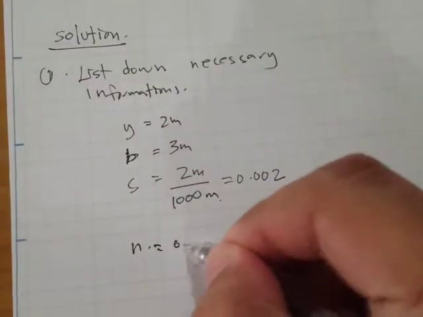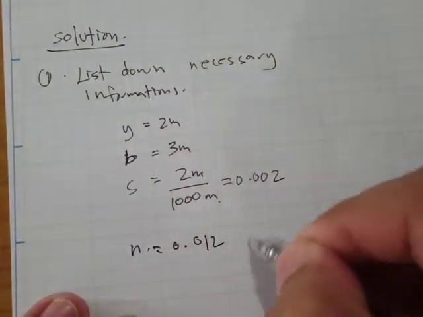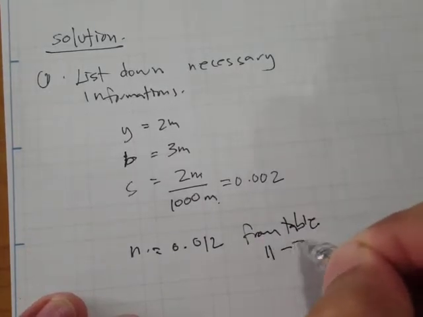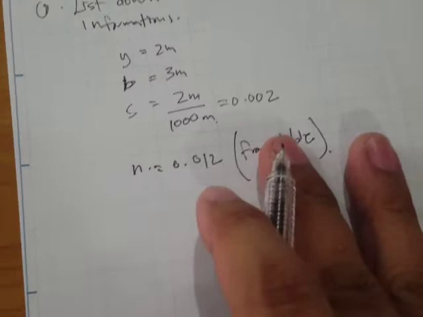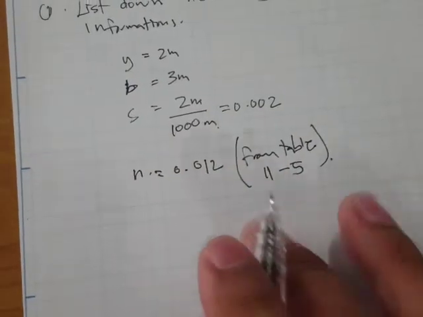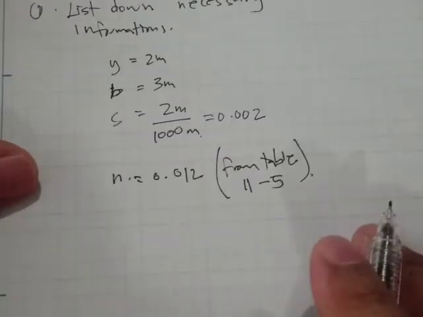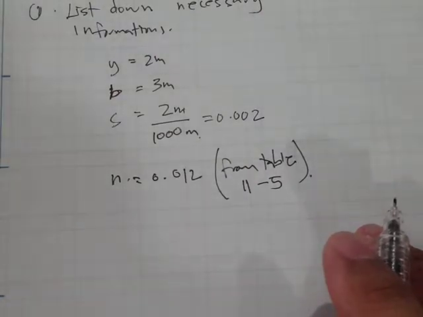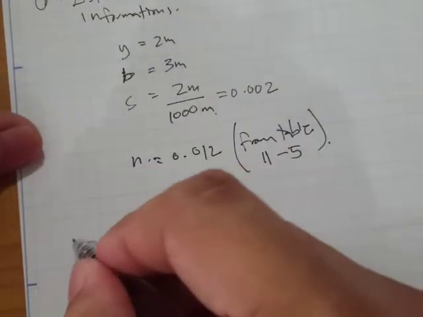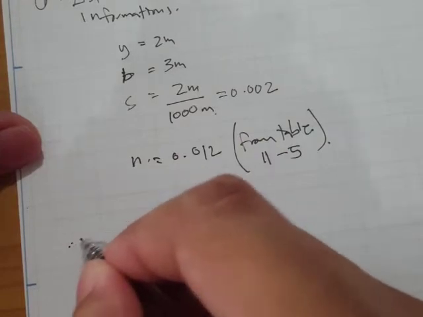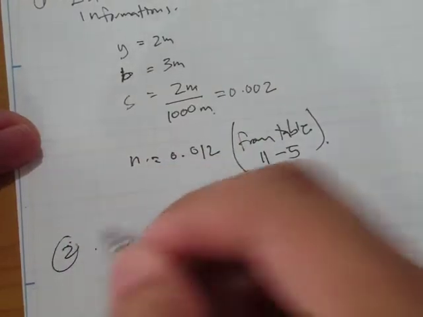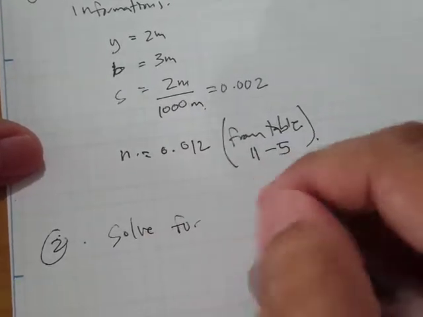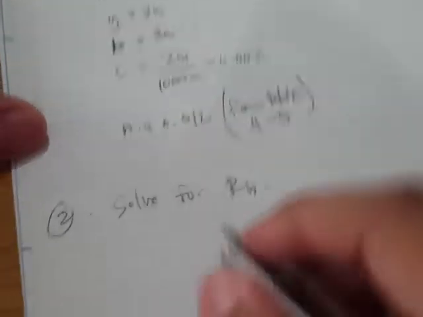So n is equal to 0.012 from table 11-5. Right, so that's it. Then, since we know that the working equation is just Q is equal to AV, let's solve for V. However, for V, we need to solve for the hydraulic radius.